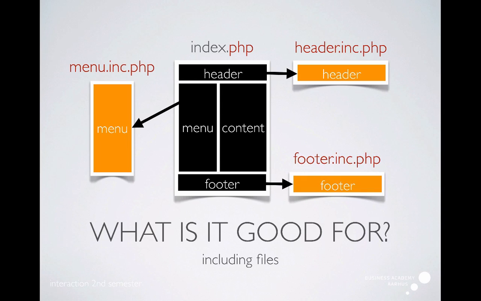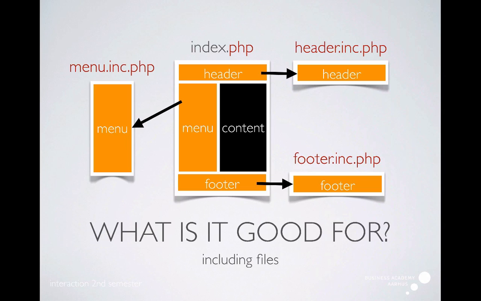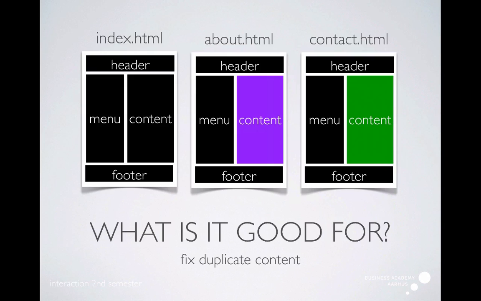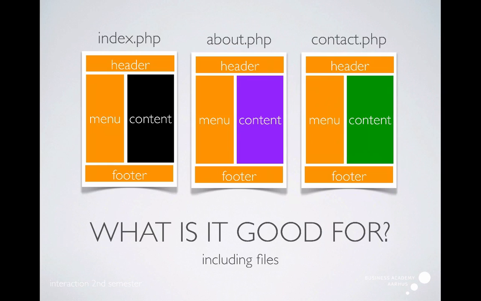This means that we now can include all three files in all the pages that we have on our site. And like this, it illustrates that all the orange areas will be our includes, and all the black and the purple and the green areas will of course be some specific content related to that page.